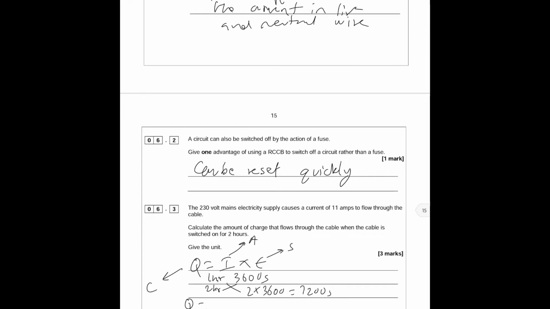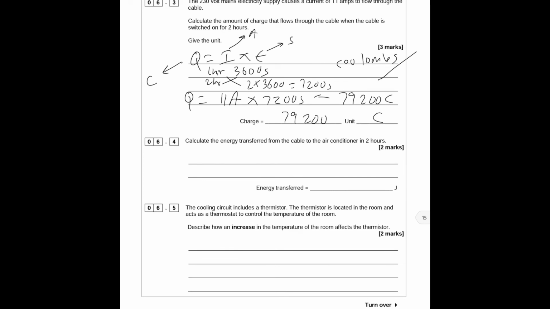So the charge flow is 11 amps times 7,200 seconds, which is equal to 79,200 coulombs. The unit is coulombs, C. It can be rounded to 2 significant figures, mostly 79,000, but I'm just going to leave it as 79,200.